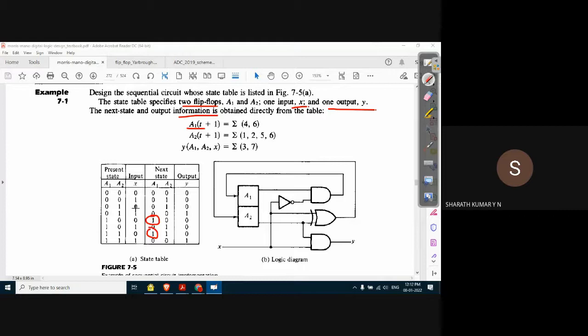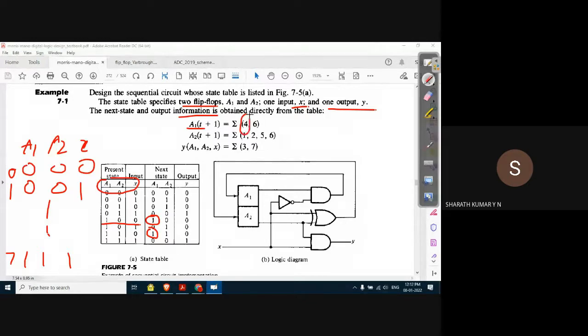It's a 3 variable function, with A1, A2 and X, from 0 0 0, 0 0 1 up to 1 1 1, decimal values 0 to 7. 1 0 0 corresponds to 4, and 1 1 0 corresponds to 6. So A1 of t plus 1 is the summation of min terms 4 and 6.